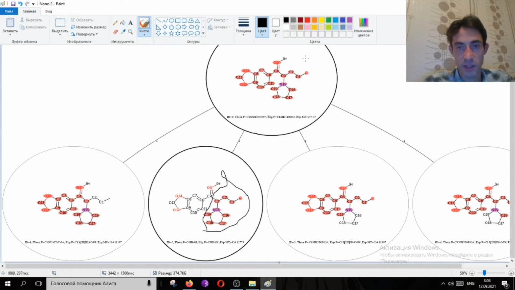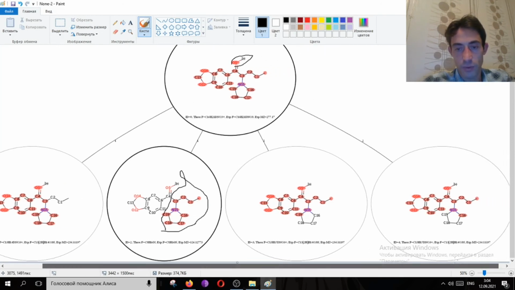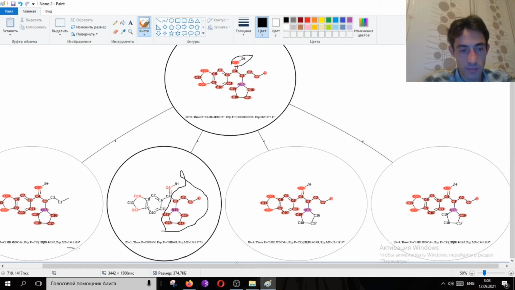and we can see that if ionization occurs here, then only such fragmentation pathways are possible. If we look here, we can see that this structure corresponds to m/z 234, and those two structures correspond to the same m/z.